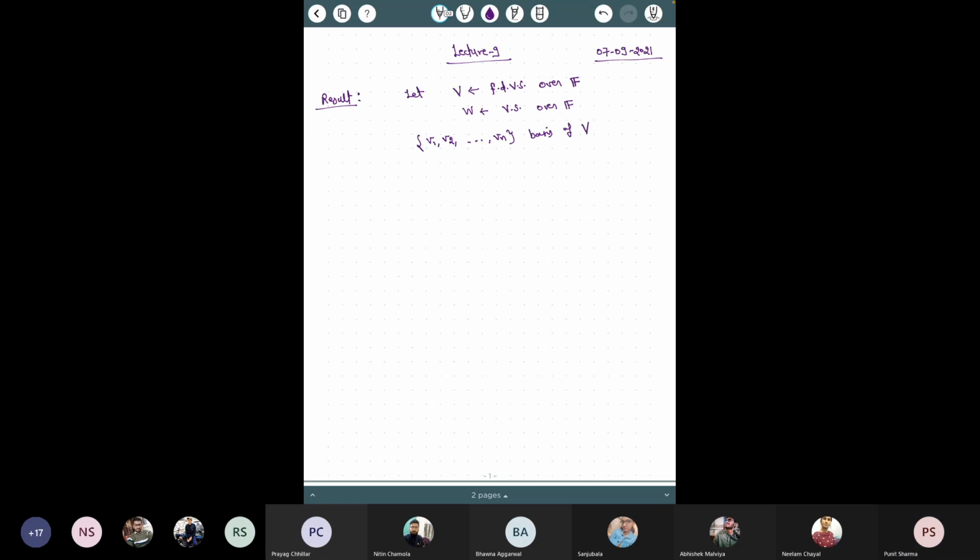Then you choose any n vectors, say arbitrary vectors, W1 to Wn in W. In this set, the elements can repeat. You can choose any n arbitrary vectors, like you can choose the same vector W1 n times. That is also fine.